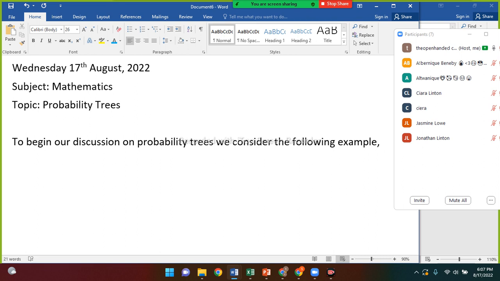Let's say that a small box of chocolate contains 8 soft centers, which we're going to denote as S, capital S, and 5 hard centers.